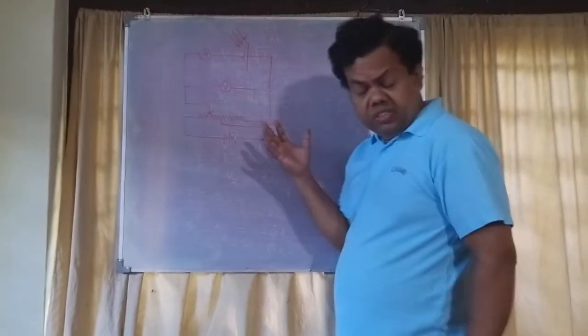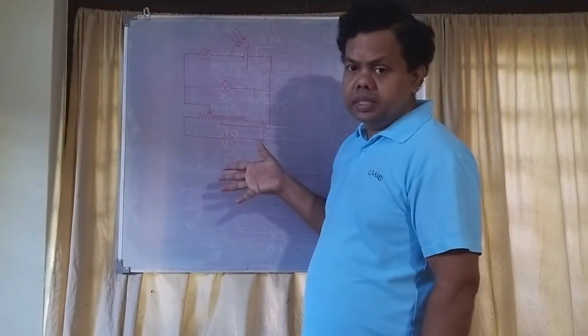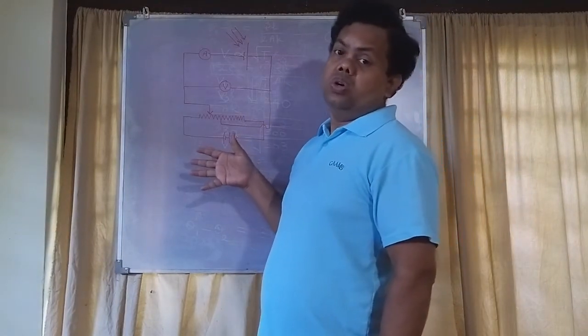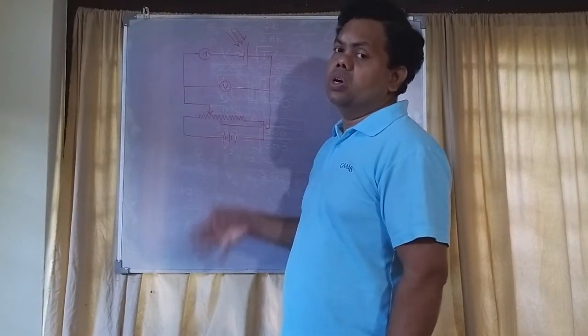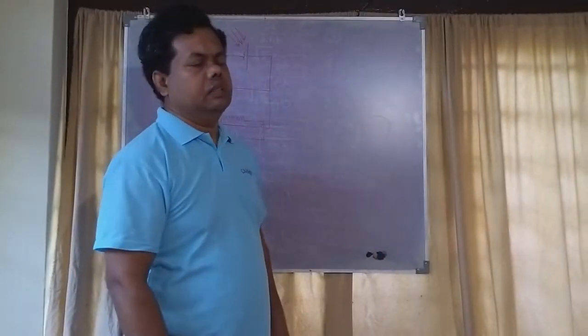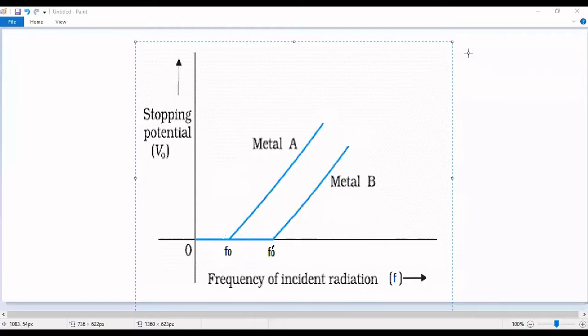The frequency of incident radiation at which stopping potential becomes zero is the threshold frequency for the particular material. This variation is represented in the following graphs.